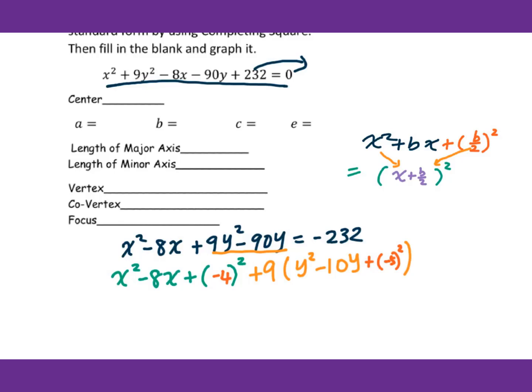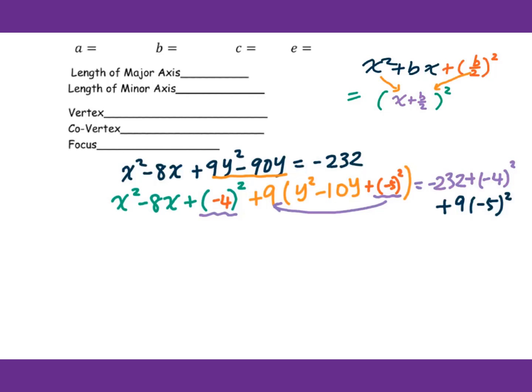Then equals negative 232. Since you add negative 4 squared on the left side, you need to add negative 4 squared to the right side. We add negative 5 squared on the left side, but don't forget this 9 as a factor. Therefore, you have to add 9 times negative 5 squared.